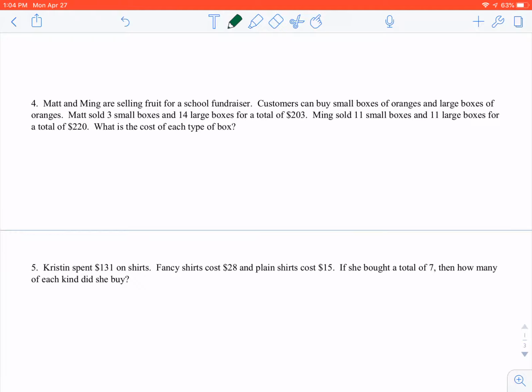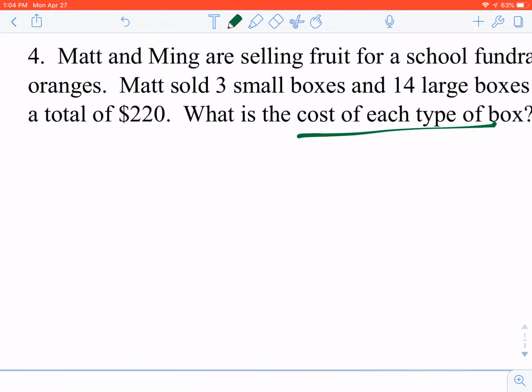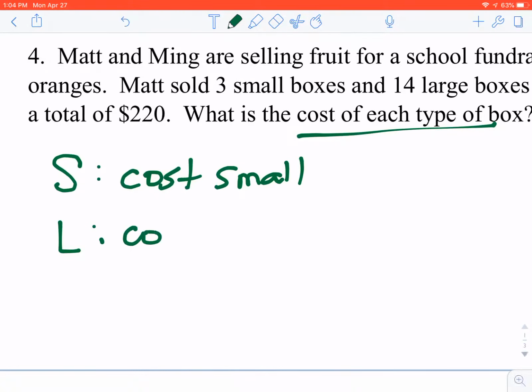Ming sold 11 small boxes and 11 large boxes for a total of $220. What was the cost of each type of box? So those are my variables. S is going to be the cost of the small box, and L is going to be the cost of the large box.